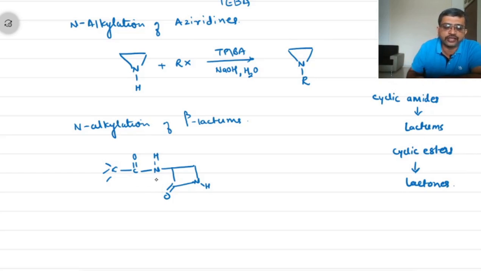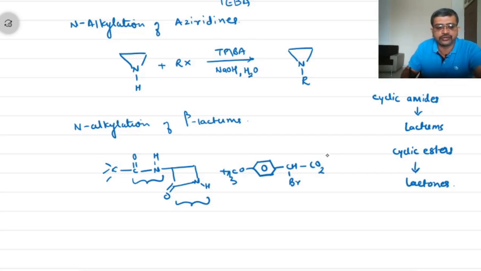In this reactant, if you see it carefully, we have an acyclic amide and we have a cyclic amide. So the cyclic amide, that is, this is the lactam, as well as we have an amide. So similar two groups are present when these are reacting with, say, methoxide over here, and here we have a CHPr, COO.